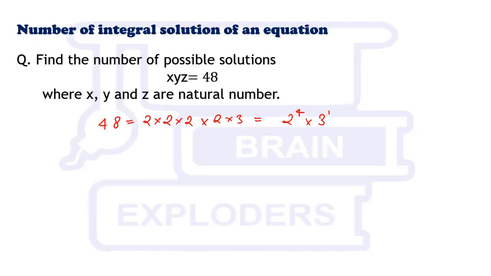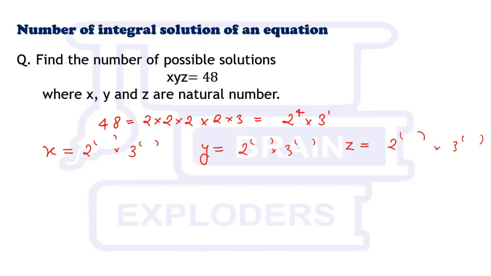Now we have to get an x, a y, and a z such that their product is equal to 48, and then we have to count all these cases one by one. X may contain 2 with some power and 3 with some power. Similarly, y may contain 2 with some power and 3 with some exponent, and similarly there is z.